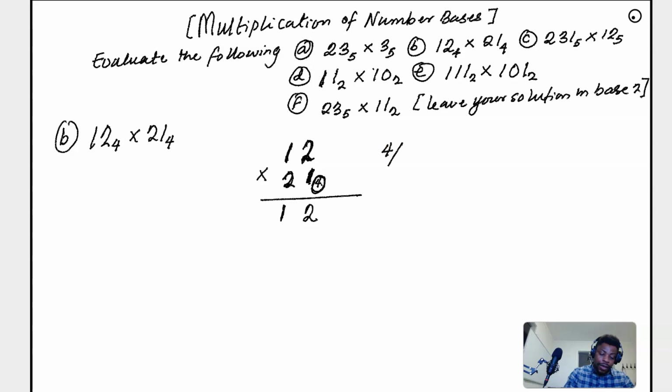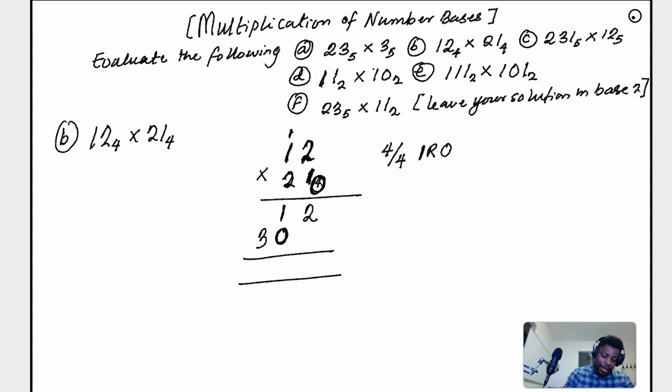So 4 divided by the base, which is 4, is 1 remainder 0. So you write your remainder 0 and you carry 1 to the next position of multiplication, which is here because you're about to multiply 2 times 1. So 2 times 1, that is 2, plus 1, 3. 3 is less than 4, so you don't have to do any division there because it is less. So you have your 3 here.